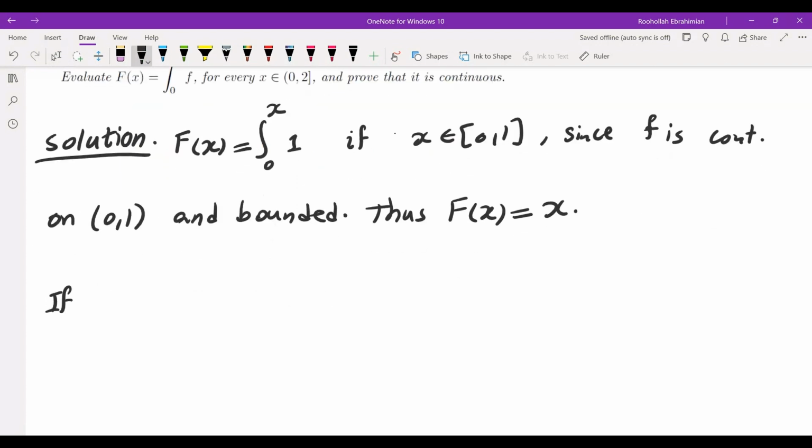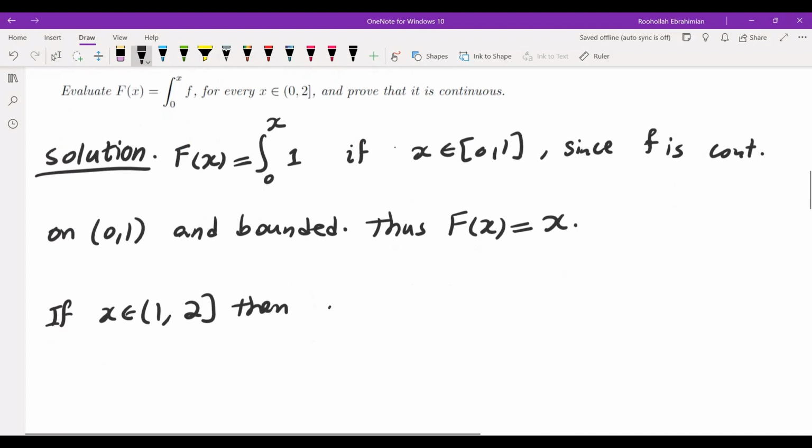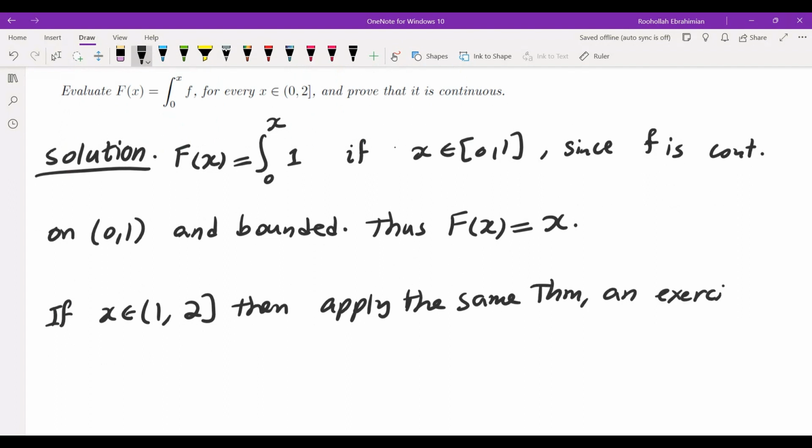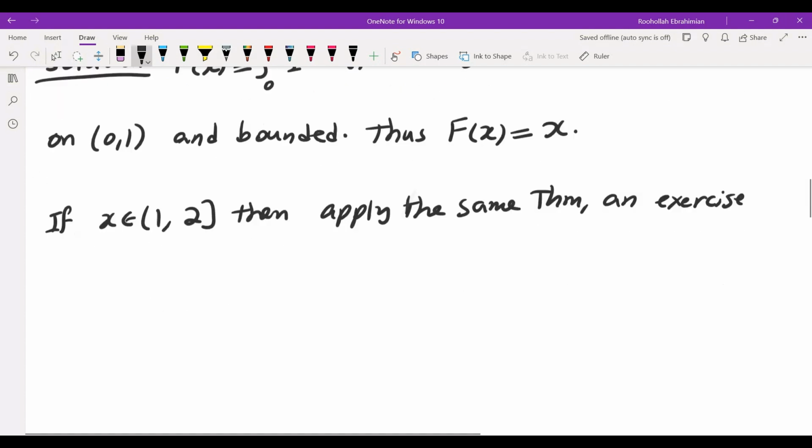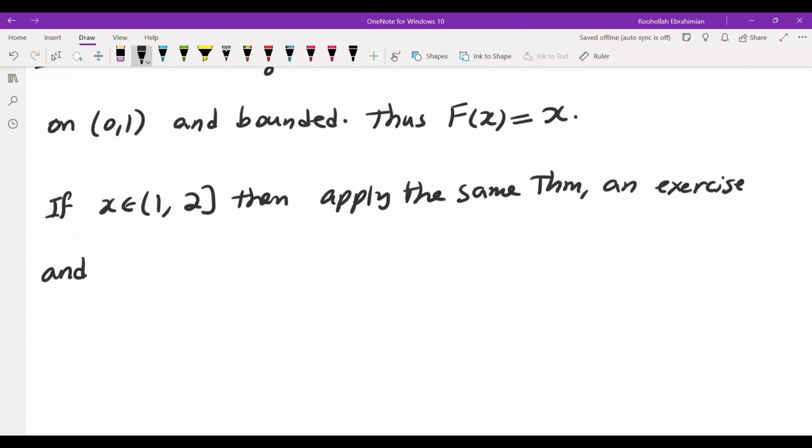If x is from 1 to 2, then we would have to apply the same theorem, and an exercise that tells us if something is integrable over two intervals, then it would be integrable over the entire interval, and additivity. So this is the part that needs to be justified.